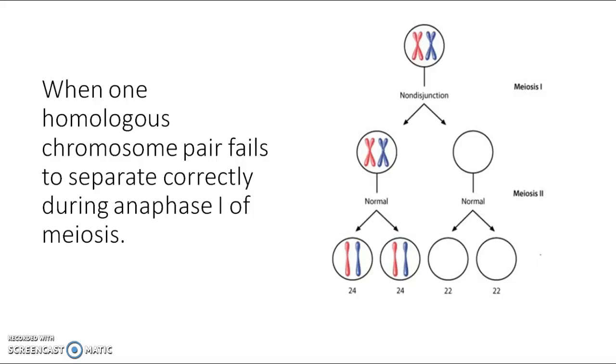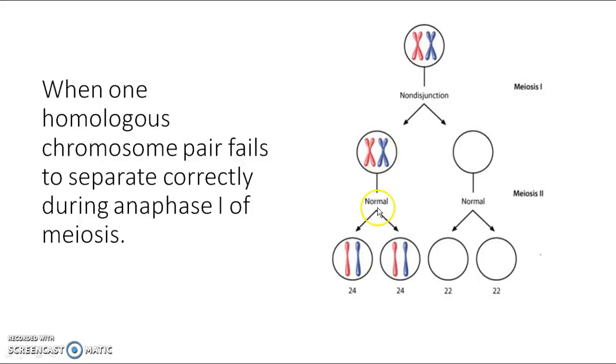Okay. Now, this shows non-disjunction if a homologous chromosome pair doesn't separate correctly during anaphase 1. So both chromosomes from this pair could end up in one of the daughter cells of meiosis 1, and the other cell gets nothing.